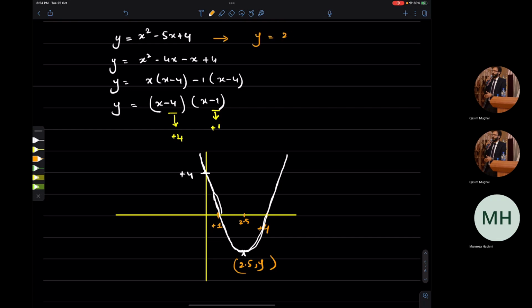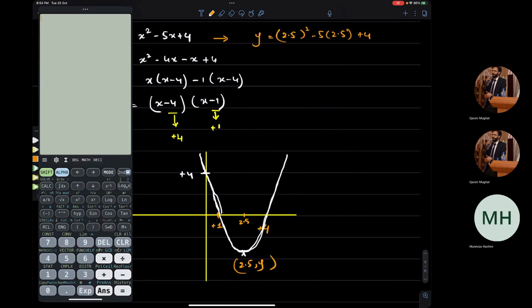So y equals 2.5 squared minus 5 times 2.5 plus 4. Put this in the calculator, and that is negative 2.25. So the y coordinate for this one is negative 2.25. Okay. Yes, sir. All right. So this is how you're going to do it.